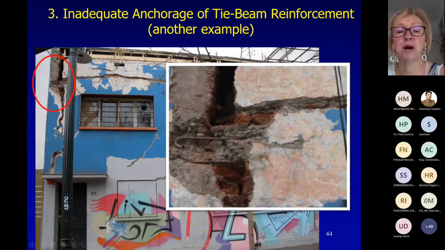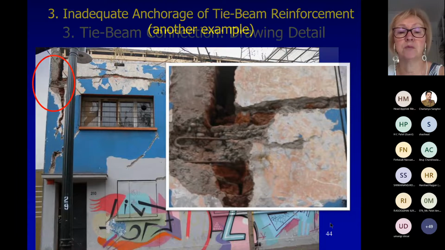You can see that hooked bar. You cannot see any ties or stirrups in the tie beam. So it was not properly constructed. There was a deficiency in construction, and maybe it was a design deficiency as well, but definitely construction was not done adequately to have all the features of confined masonry.